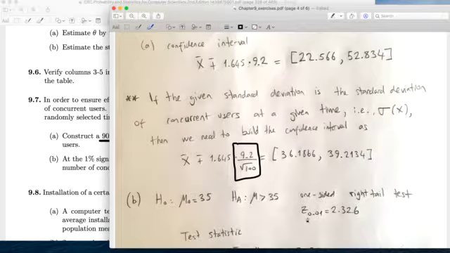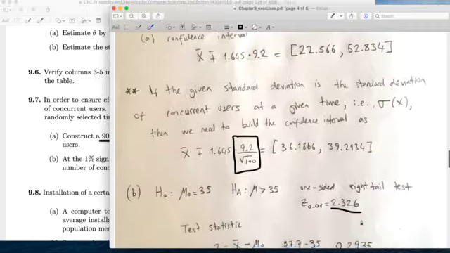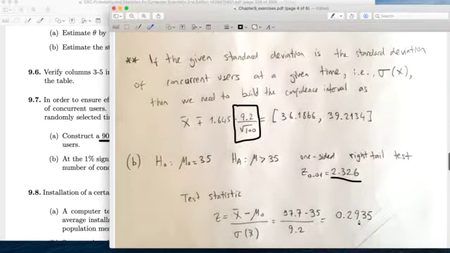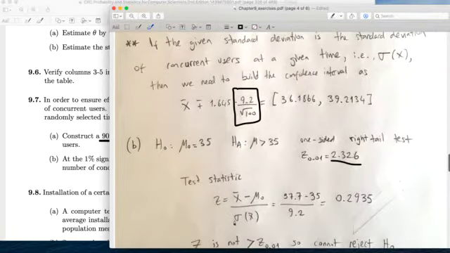The z-value at 0.01, if you look at the standard normal table, is equal to 2.326. The test statistic we are going to compute is going to standardize this. The x bar was 37.7, and we have 35, divided by the standard deviation here.